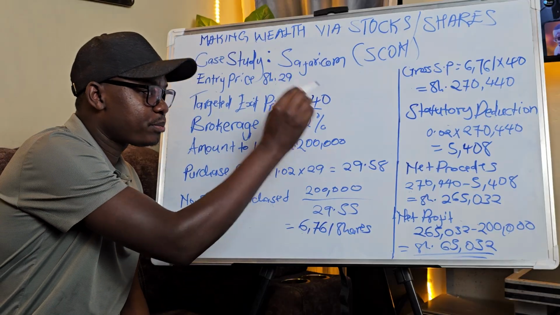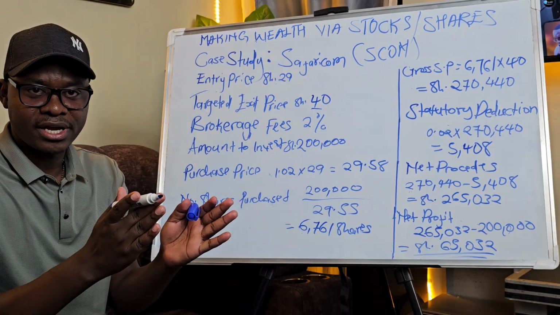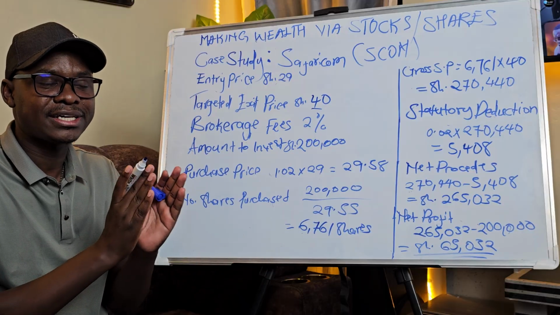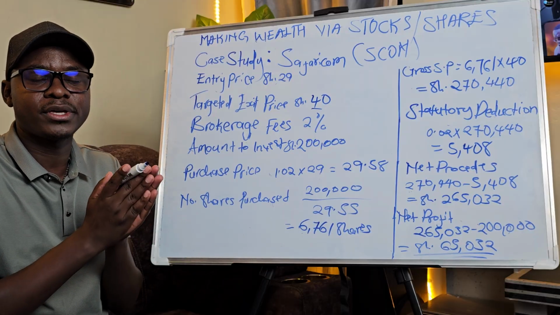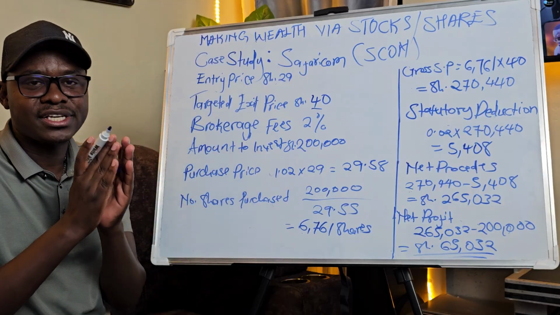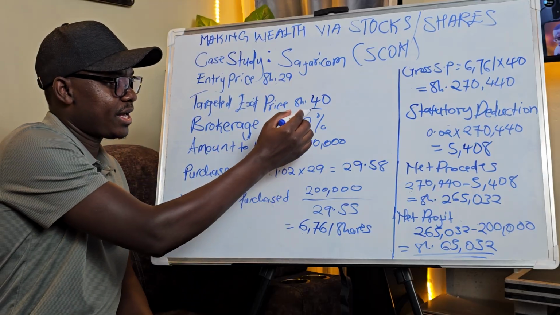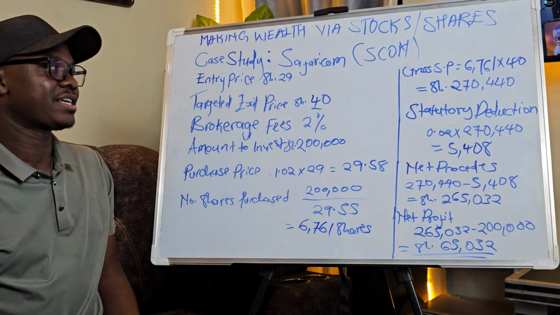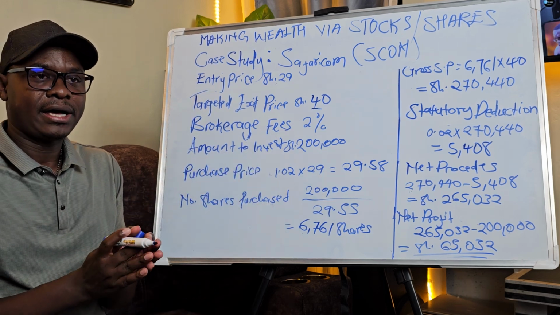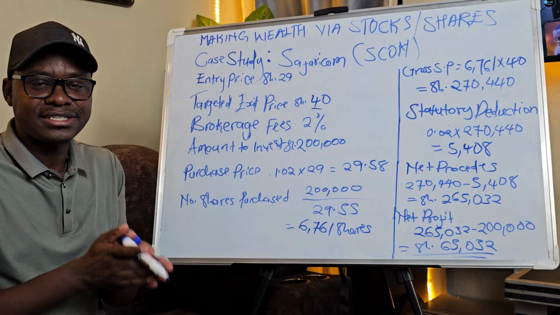So be somebody planful. Create your target. Once you've done your fundamental analysis and you are sure that Safaricom is fit for you, then just create the price at which you will exit. So for buyers, I have assumed that it is 40 shillings. Then we have brokerage fees. In the current threshold, you must have a broker.